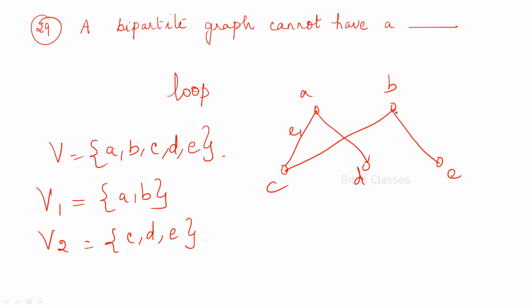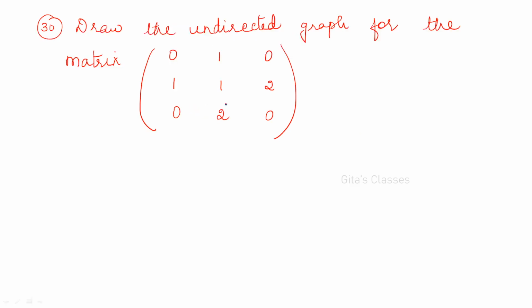If you consider BC, B is from V1, C is from V2, and so on. So if it has a loop, definitely it will join the same vertex from the same set, right? Therefore it cannot have a loop. Bipartite graph cannot have a loop.